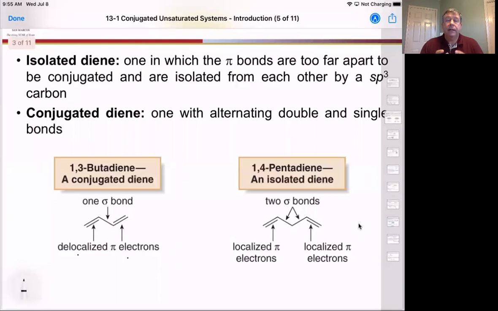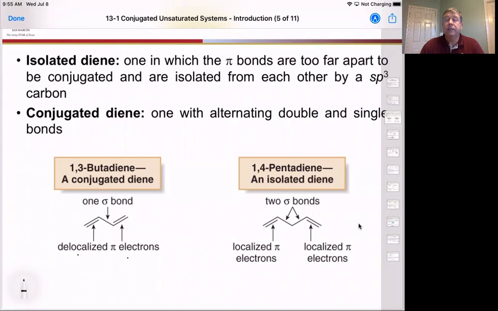As I said before, we have different types of dienes. The first one was that cumulated diene, where we have two double bonds on the same carbon. But we also have two other types of dienes. One is what we call an isolated diene, where our pi bonds are far enough apart that they cannot electronically see each other.